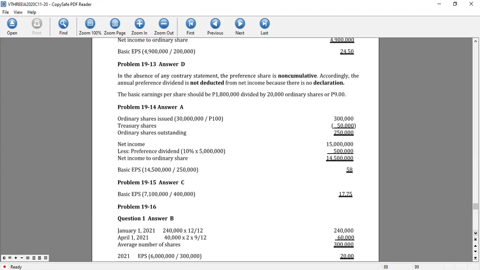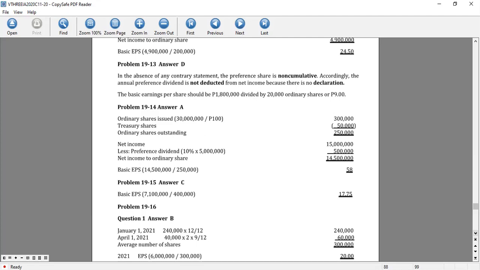On April 1, 2021, 40,000 shares of treasury were sold, and on July 1, 2021, a 2-for-1 share split was issued. Net income in 2021 was 6 million, and in 2020 it was 3.6 million. What will be the basic EPS for 2021 in the comparative income statement?